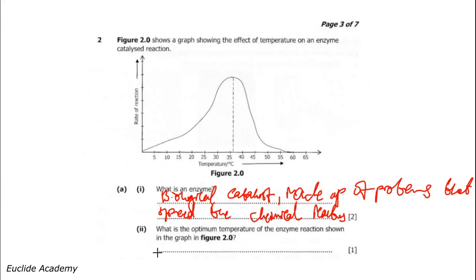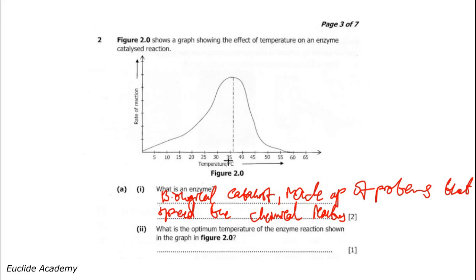Question 2A2. What is the optimum temperature for the enzyme reaction shown in the graph in figure 2.0? The optimum temperature is the best temperature where you have the highest rate of reaction for that particular enzyme. Above that temperature, the enzyme gets denatured. You can't go any higher than that. You can see here we're going up, then you go to the highest.